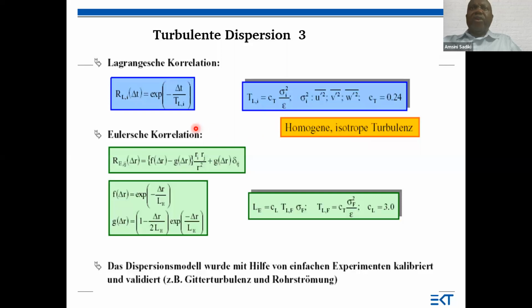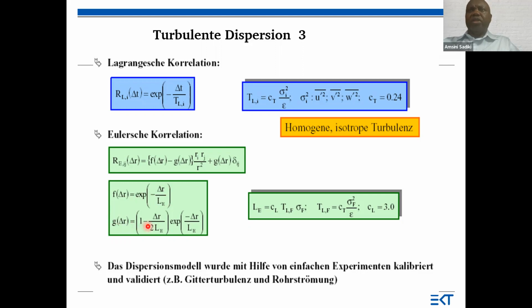For the Eulerian correlation, I think you know this, so I didn't put it here. For the Eulerian correlation, we have two kinds: the first correlation corresponds to delta R divided by the Eulerian length scale, and this one here.